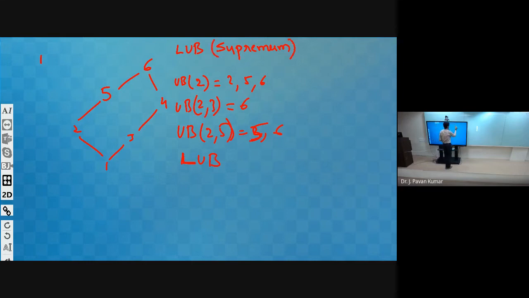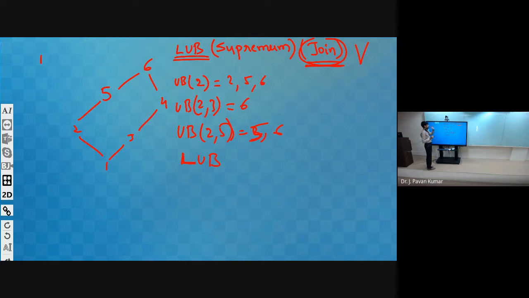And there is another name also that is called join. This is a very important name for this LUB. Least upper bound, the abbreviation itself is easily understandable, but there is one formal name called join for it, and we will denote this join with the symbol like this. For 4 and 5, what is the least upper bound?